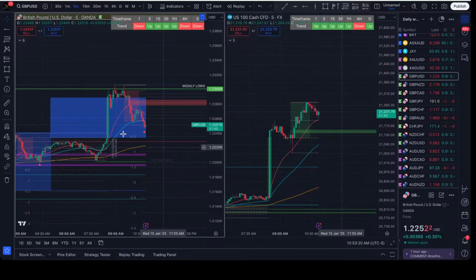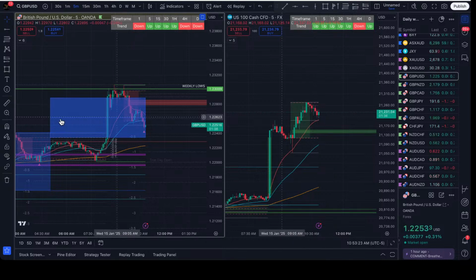So when the range is this big, right now we are below 50% of the range. The range does have a consequence encroachment point, just a line right down the midpoint, just so you know exactly for purposes like this when you have big ranges, or big zones I should say.